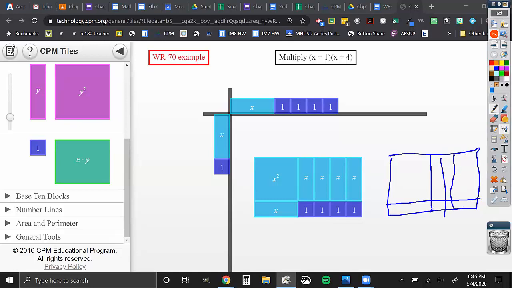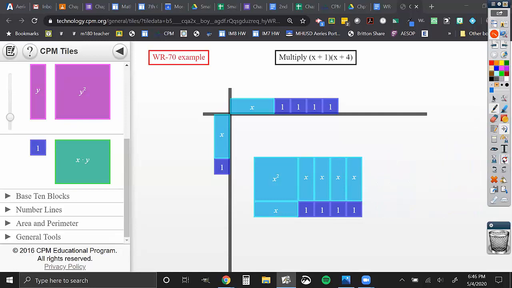So here's my x squared, here's my x, 1, 1, 1, 1. And then you can put the x plus 1 on the outside and the x plus 4 on the outside. That's how I would draw it quickly. I just do it like I'm cutting up a cake.